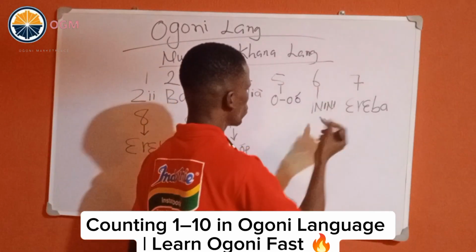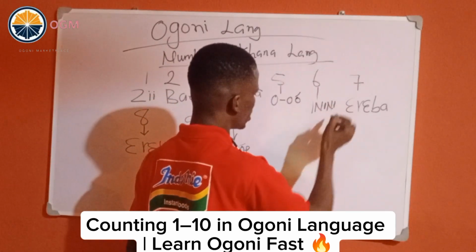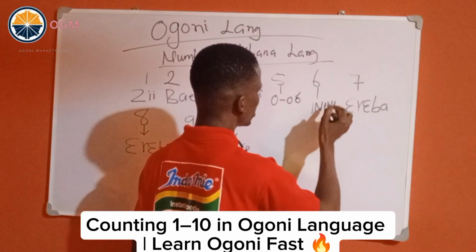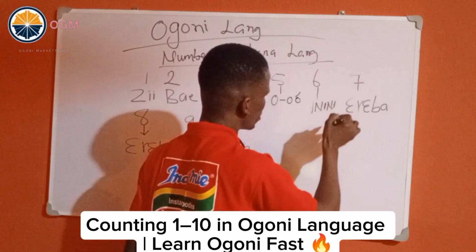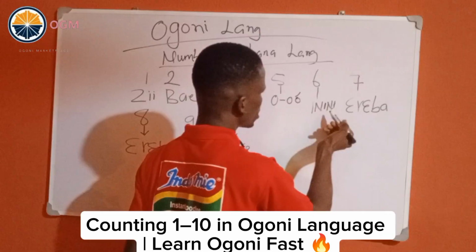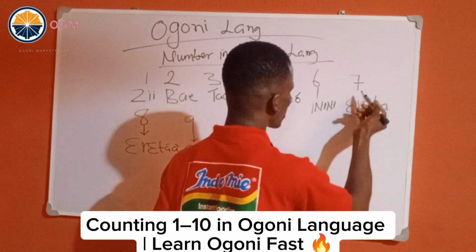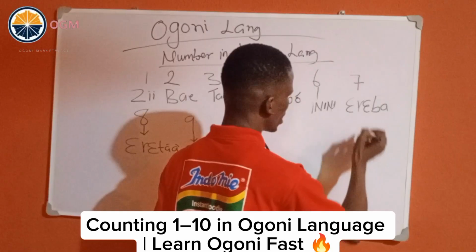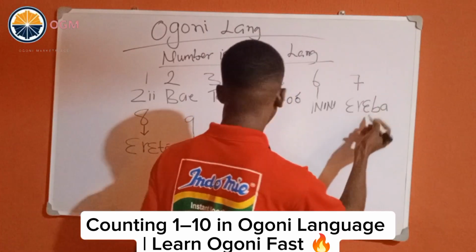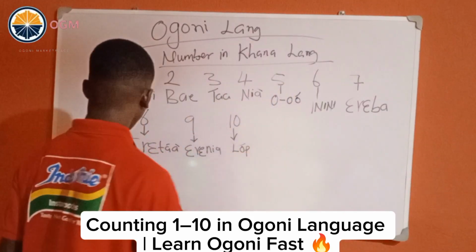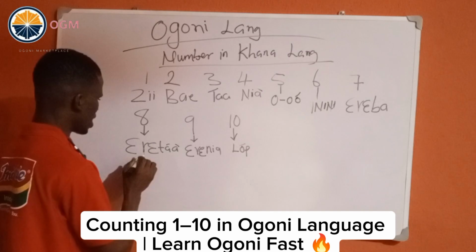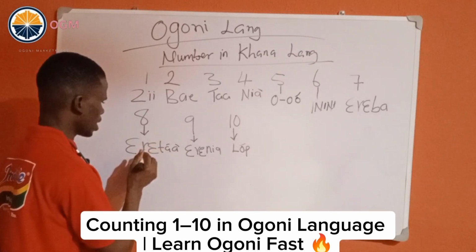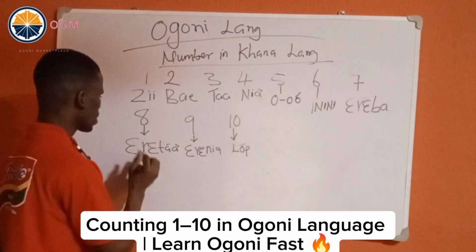Then we have 6, which is ini. That is 6. We have here 7, which is pronounced as ereba in Ogoni language, pure Kana language. Then here we have ereta, which is 8. 8 is called ereta, it's pronounced as ereta.